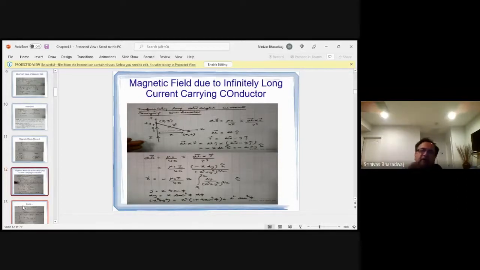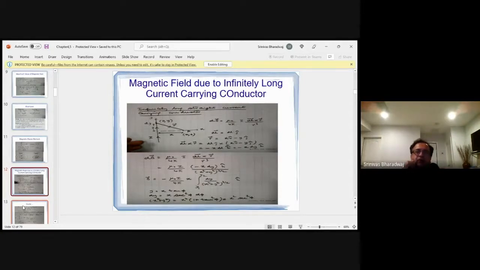Due to an infinitely long conductor, the magnetic field will always be like that, around that conductor. So it is in the k direction, x, y, k.